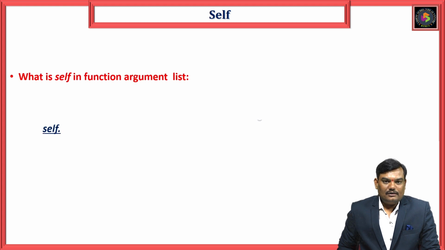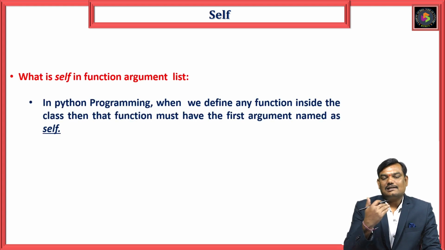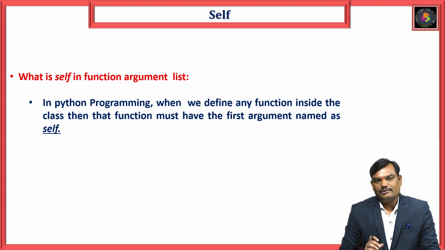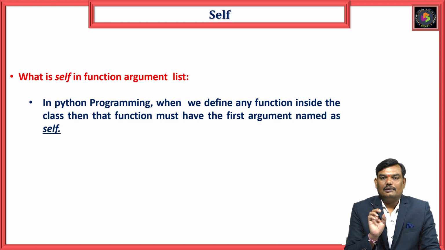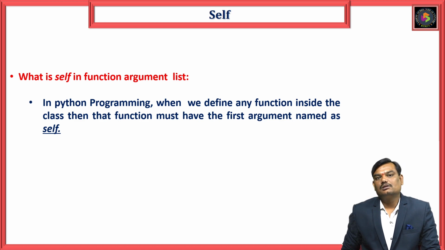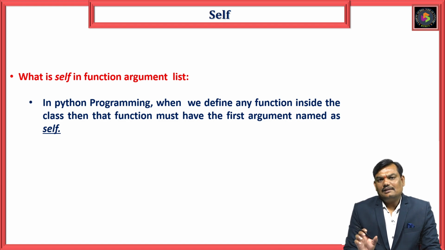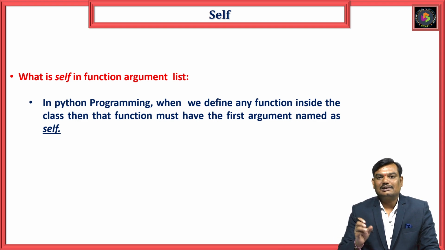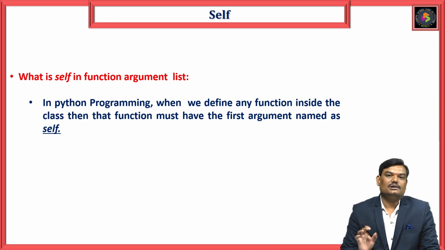When we define any function inside the class in Python programming, the first parameter in the parameter list of a function should be the self argument. Why do we need to use this self argument? Self always refers to the current object of a particular class.